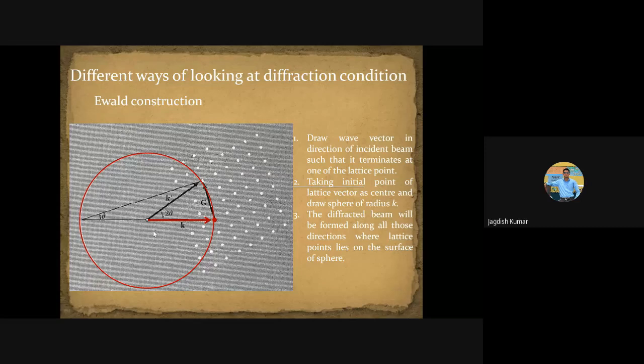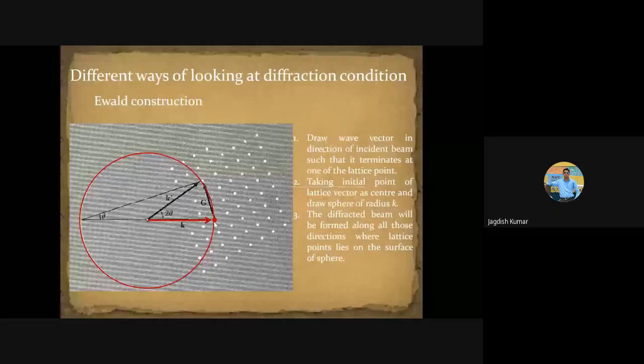Now the condition is to check how many points are lying on the surface of this sphere. This one definitely lies on the surface, because we have chosen our radius to terminate at this point.